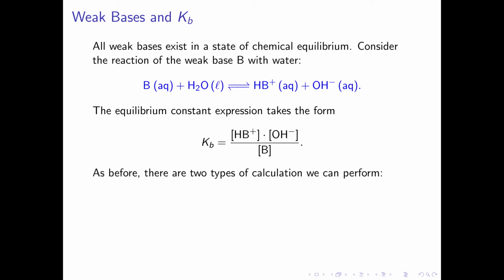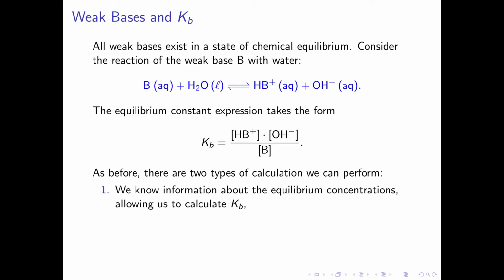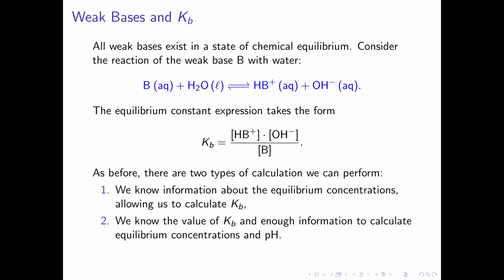As before, there are two types of calculations we can perform. If we know information about the equilibrium concentrations, we can calculate the value of Kb, or if we know the value of Kb and initial concentrations, we can calculate the equilibrium concentrations and the pH. Again, we will focus on this first type of problem.